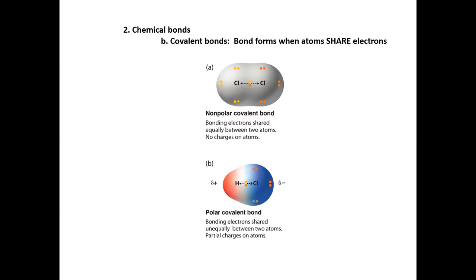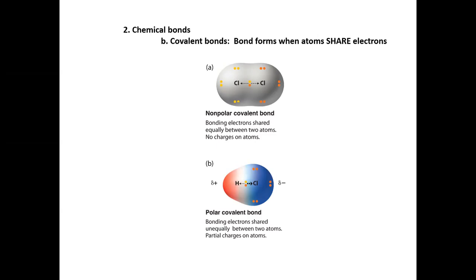Christina. Covalent is stronger. So covalent bonds are the strongest bonds. A double covalent bond is stronger than a single covalent bond, and a triple covalent bond is the strongest bond. So you would literally have to rip the molecule apart. And we have two different kinds of covalent bonds.